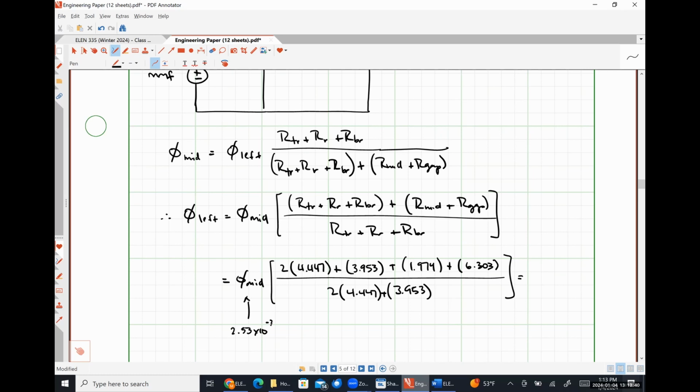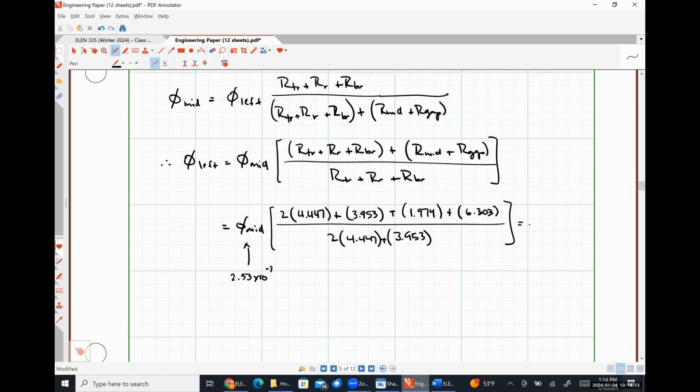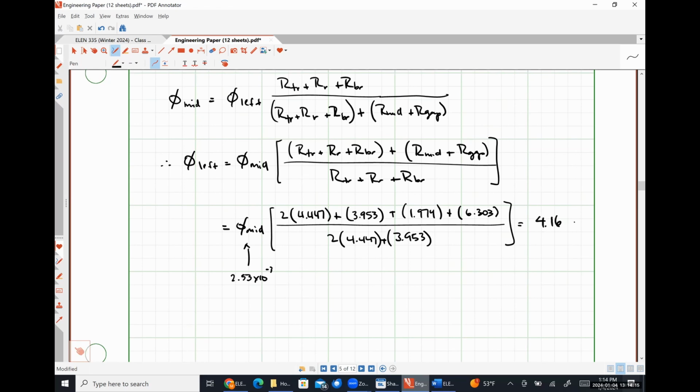All right. 2.53 times 10 to the minus 3 times 2 times 4.447 plus 3.953 plus 1.974 plus 6.303, all of that over 2 times 4.447 plus 3.953, close parentheses. That gives 4.16 milliwebers.